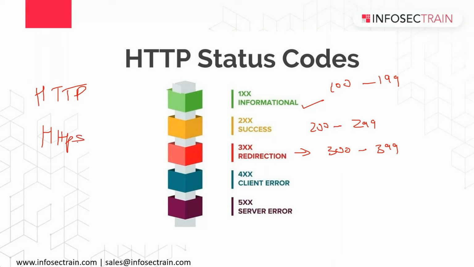Then it shows redirection messages, right? 4xx, from 400 to 499, is a client side error, and 5xx, that means 500 to 599, are server side errors. Clear?